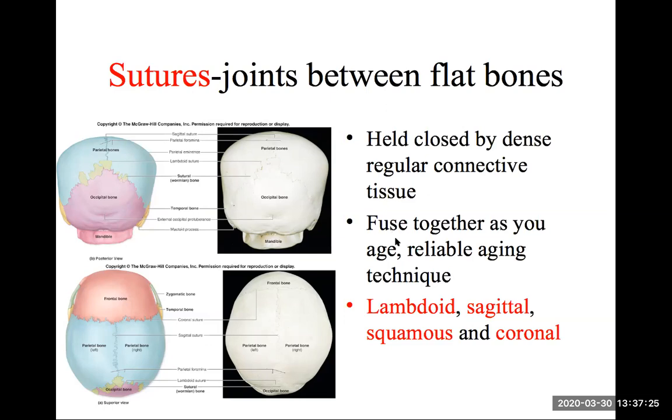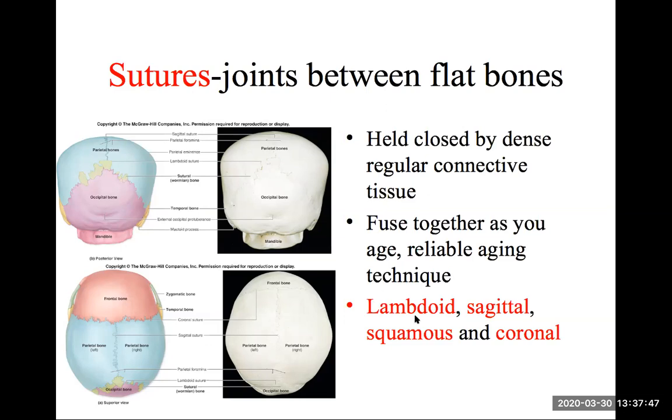And that's what we mean by fusing. So that what once was two separate pieces of bone is now going to grow together into one. As these sutures fuse, we can use that information to help us age an older skull. But in young people, in your 20s and 30s, these will not yet be fused together.